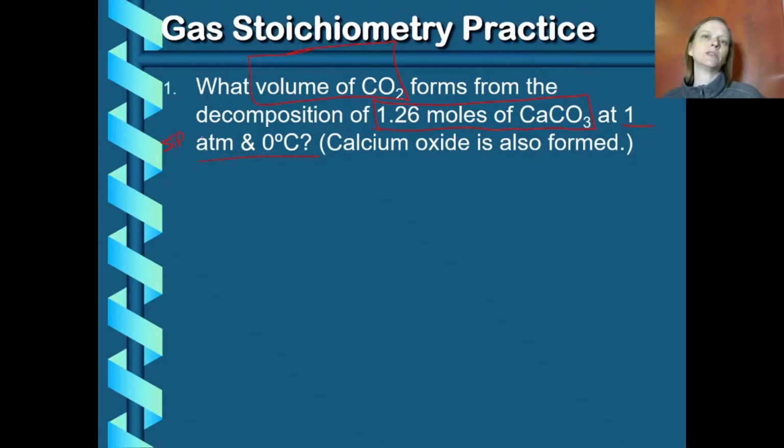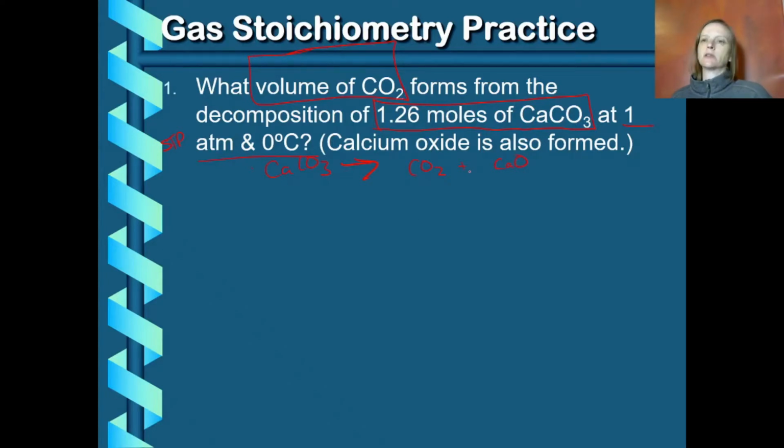You need to be able to see that 1 atmosphere is standard pressure and 0 degrees Celsius is standard temperature. This tells us that 1.26 moles of calcium carbonate is decomposing, so we start with the calcium carbonate decomposing, and we're producing carbon dioxide, but the problem tells us that calcium oxide is also formed.